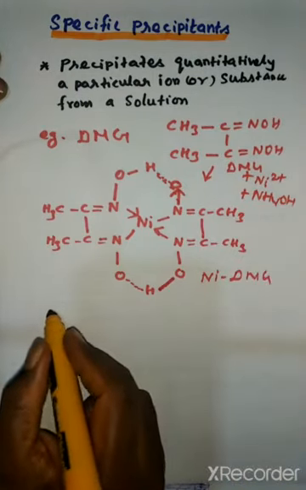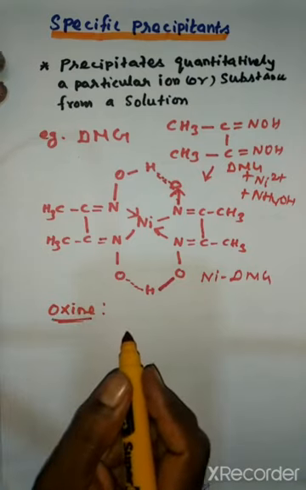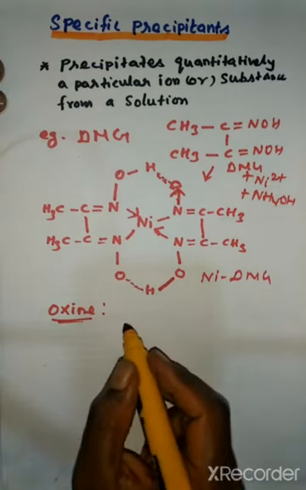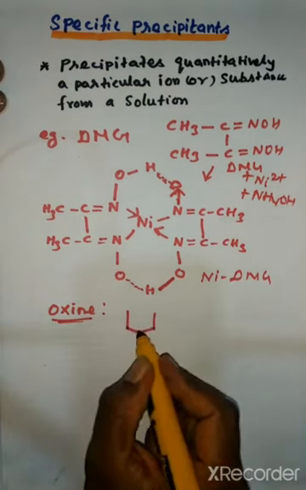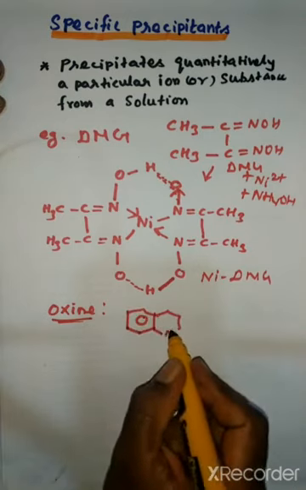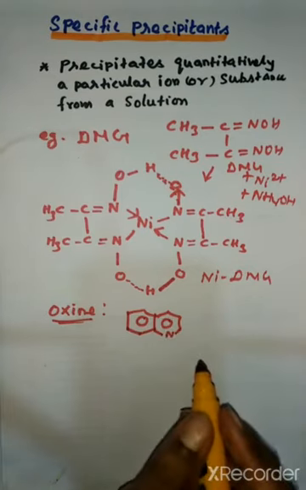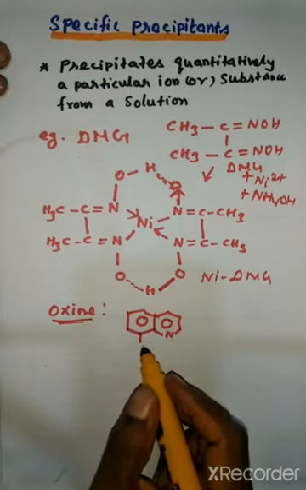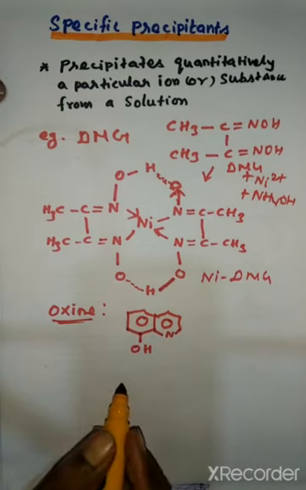Another one is oxine, also called 8-hydroxyquinoline. We know the structure of quinoline: in naphthalene, instead of one carbon, we have nitrogen. In the 8th position, it has a hydroxyl group, giving 8-hydroxyquinoline.